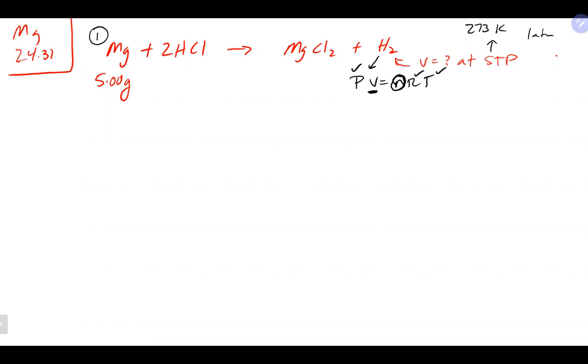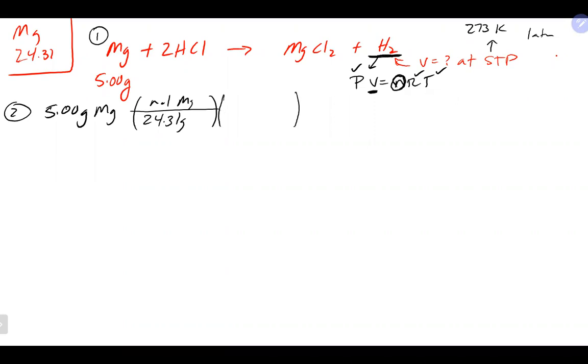We have a balanced equation. We're going to take what they gave us, which was 5 grams of magnesium, and convert that into moles, so we'll divide by 24.31. If we stopped at this point, we would be in moles of magnesium, which is close to what we want, but we actually want to get over to hydrogen. So we will use the stoichiometry from the equation, which looks like a 1-to-1 relationship. 1 mole of magnesium from the equation gives us 1 mole of hydrogen.